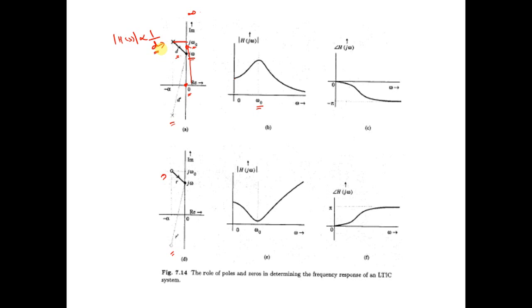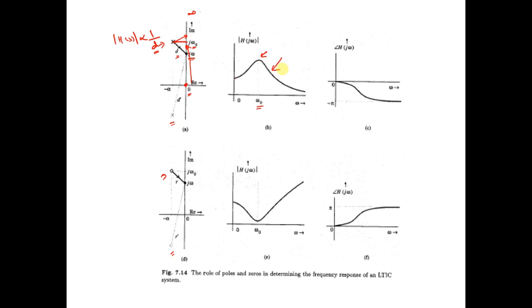That's why it reaches a maxima at omega naught, and thereafter, as you move to omega naught plus delta omega, the response starts falling down.